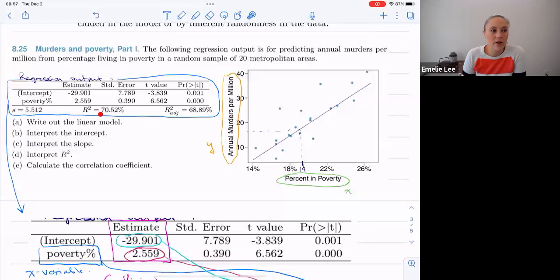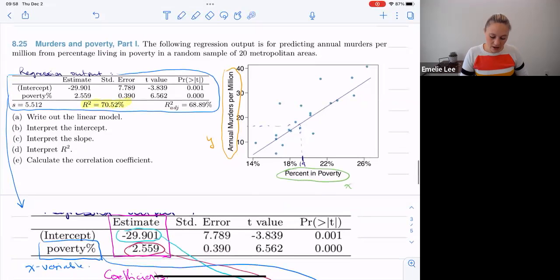So we also have the R squared. Now the R squared is typically reported as a decimal, but it is a percentage. And so here the R squared is 70.52. Okay. So we do have this R squared adjusted. The adjusted R squared doesn't really come into play until we have more than one X variable.